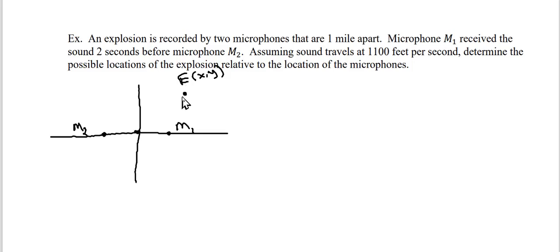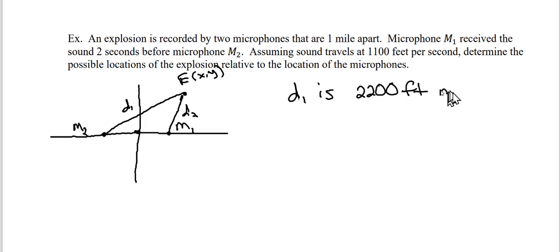What's happening here is this distance and this distance, let's call this D1 and this D2. D1 has to be 2,200 feet more than D2. Whatever this distance is, this distance here is 2,200 feet more than that.